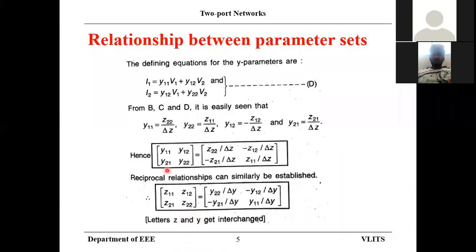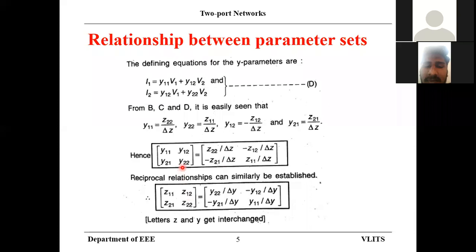Then you will get the relation between the z and y parameters, which means the z parameters in terms of the y parameters. Suppose you are having a two-port network and you want to find the z and y parameters for it. You have to find any one set of parameters first, whether the y parameters or the z parameters. After that, you can use this relation to find the remaining parameters.